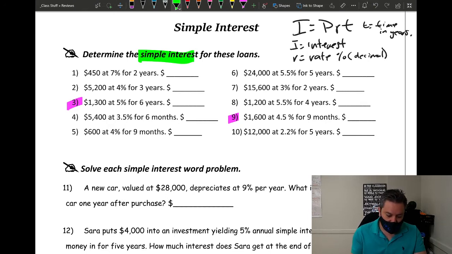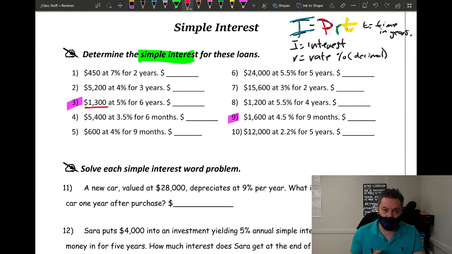So for example, I'm going to color code this. This is I. This is P. This is R. And this is T. I'm going to color code it. That way you know where everything goes. So for interest, I'm going to look for the interest. So I know my principal is going to be the red one.